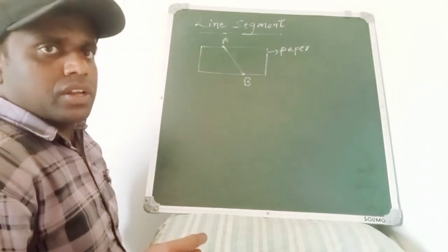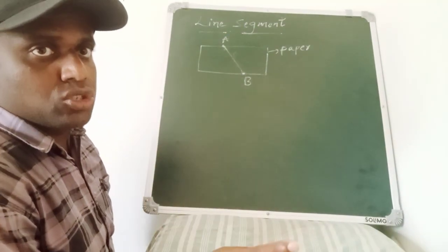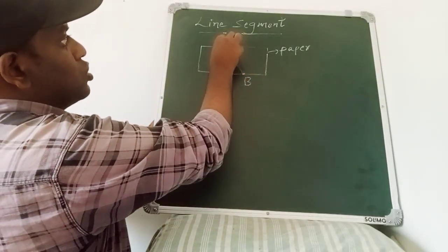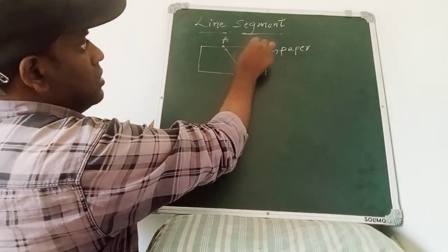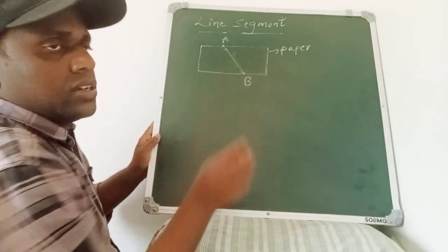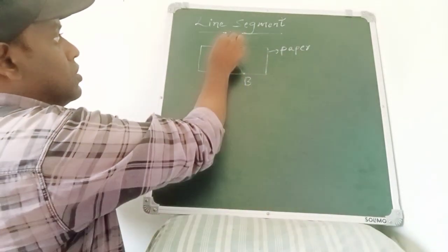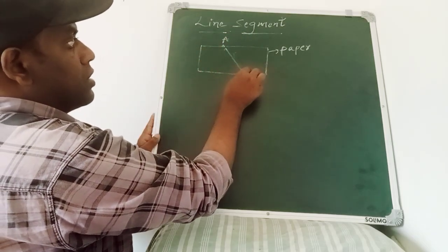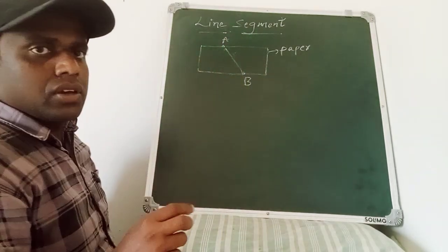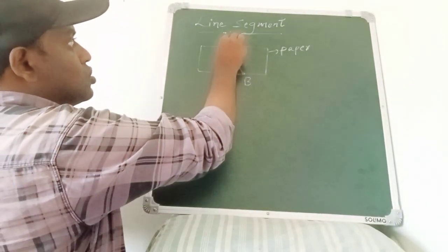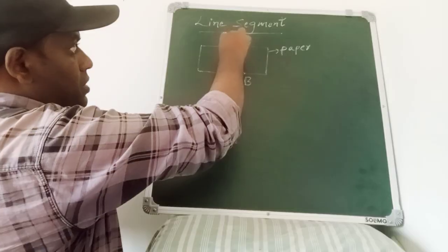Now see, there are two ways, two paths from point A to point B. Starting from A, you can come like this and then come here. There is another way: you can start here, come like this and come to point B. There is a third way: you can start from here and directly come here.